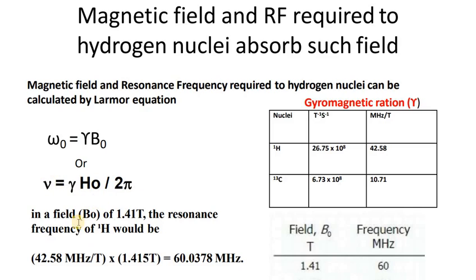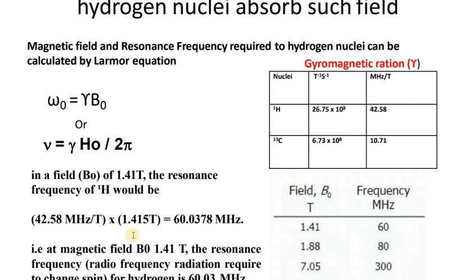In a field B naught of 1.41 Tesla, the resonance frequency of hydrogen, which we have already seen in instrumentation, is 60 megahertz radio frequency. The frequency of resonance of hydrogen comes out to be nearly 60.0378 megahertz.